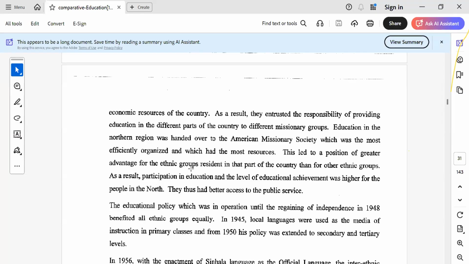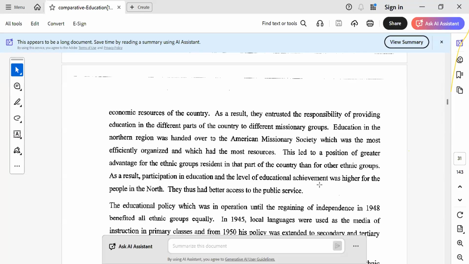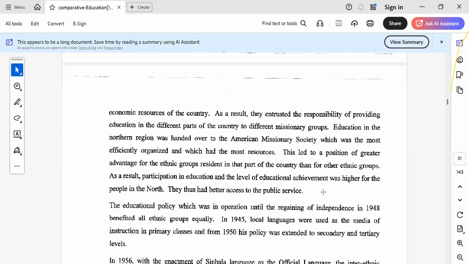So they led in education because of these missionary schools. That led to a position of great advantage for the ethnic group resident in that part of the country. As a result, participation in education and the level of educational achievement was higher for the people in the north.